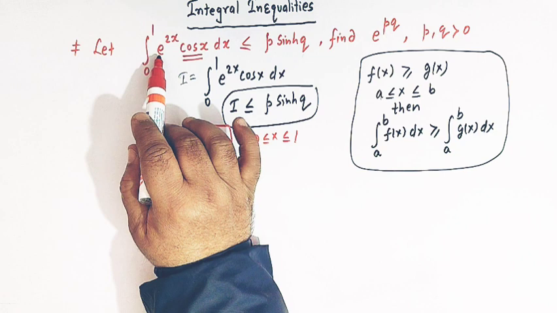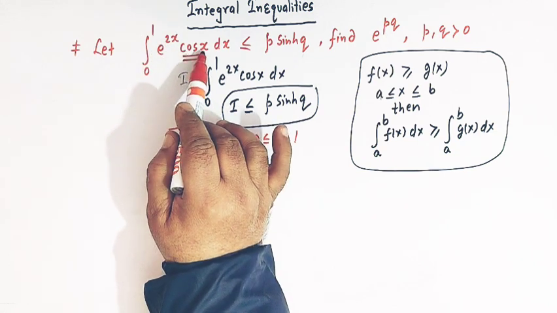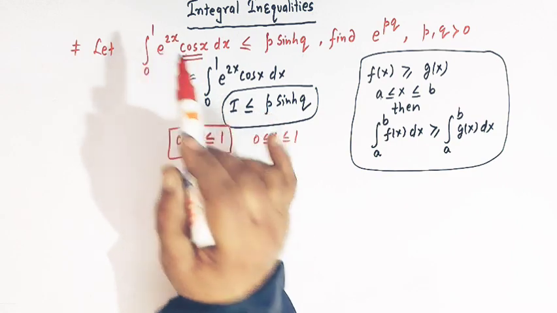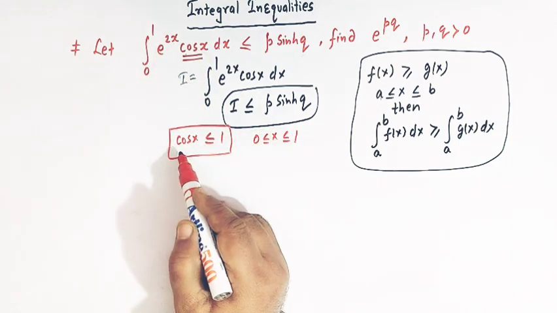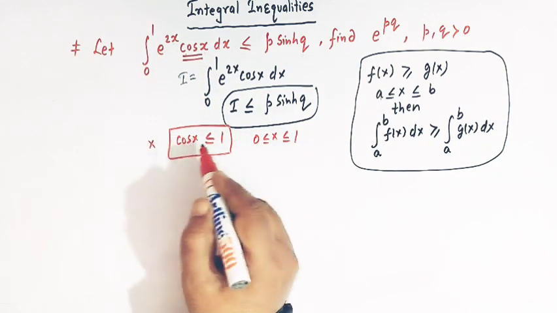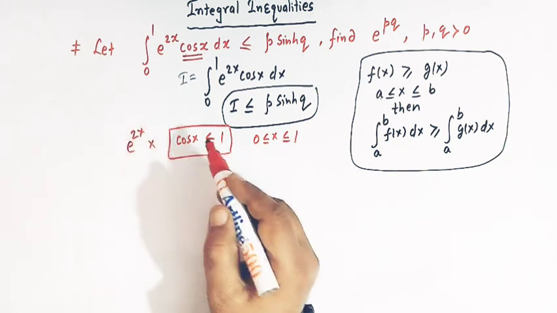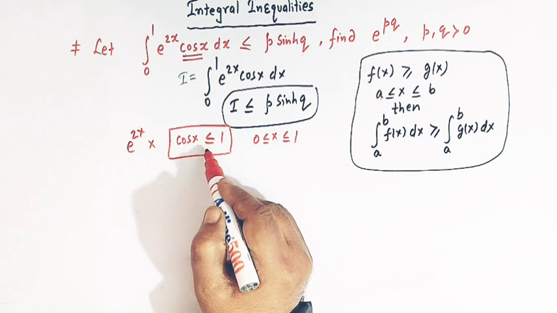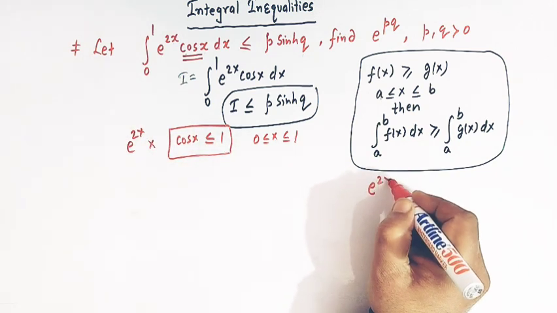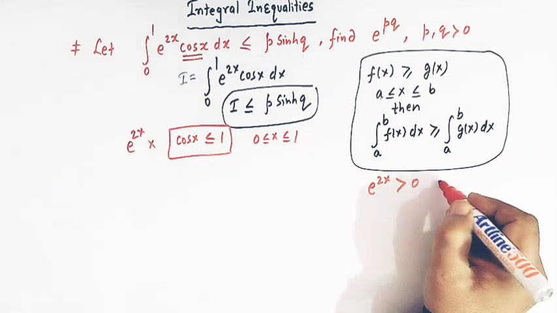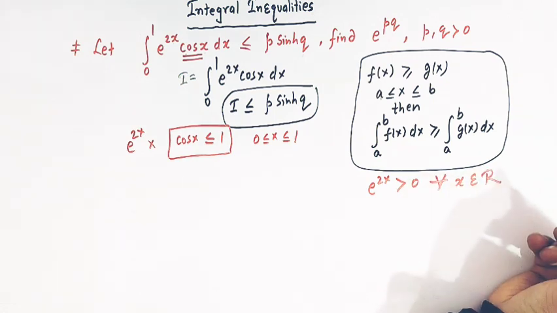Now see here we have this term e raised to 2x associated with cosine of x, right? So to get e raised to 2x with cosine of x, we'll multiply this inequality throughout by e raised to 2x without disturbing the direction of the inequality. Why? Because we know that the exponential function is always greater than 0 for all x belonging to the set of real numbers, right?